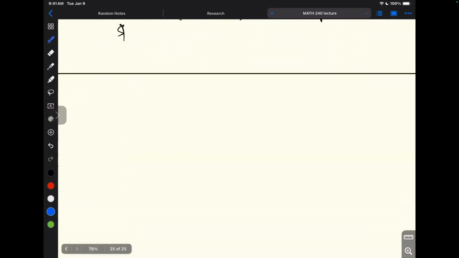We typically write the rows in terms of m, the columns in terms of n. These are just letters. We could use any letters, but you'll typically see those if you go look up stuff online.